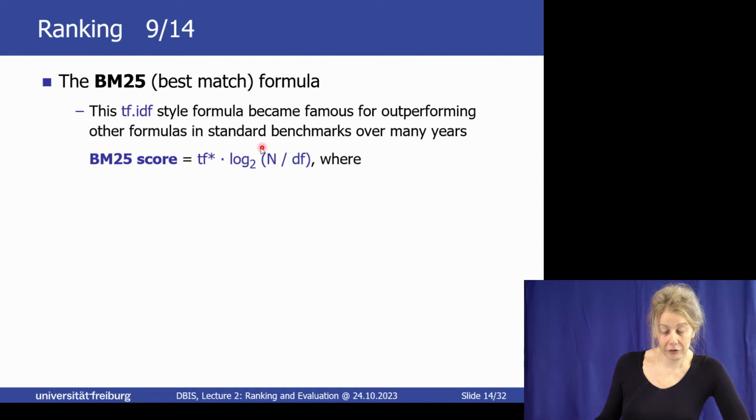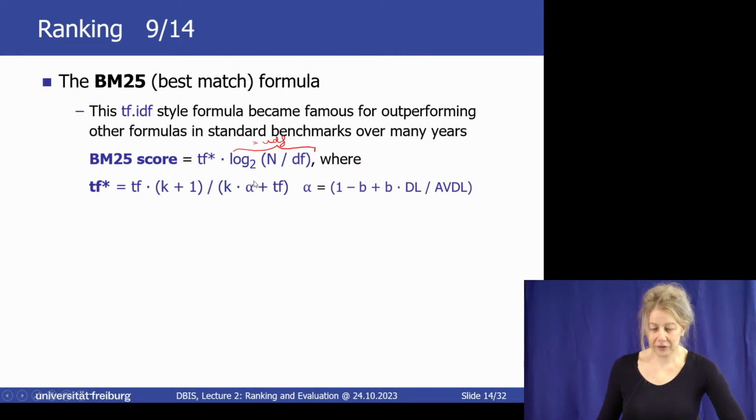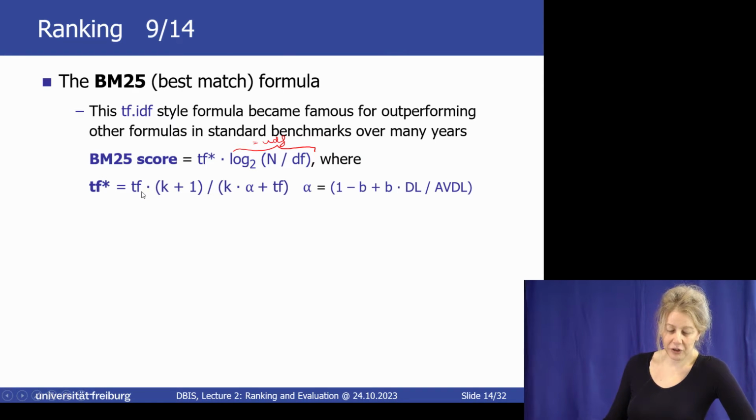So the formula is tf.idf. This should look familiar. That's the IDF part from before. Let me just write that down. But the TF part is modified, and how it's modified, I will explain now. So we take TF, as we had before, term frequency, and we multiply it by k plus 1 divided by k times alpha plus TF.